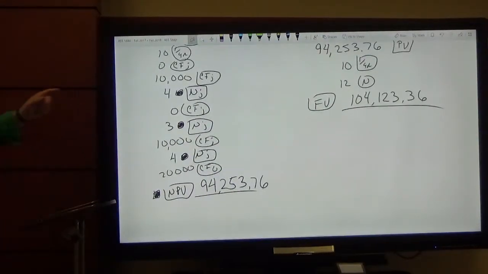So the 94,253.76, and then did the second calculation of what would be the future value of that amount for 12 months, and once again it matches up with what we've got. Just to show that once again you can obviously do it in Excel. So if you were to change any of the numbers in Excel, then obviously it automatically updates what the amounts would be and so forth. Okay? Get the idea?